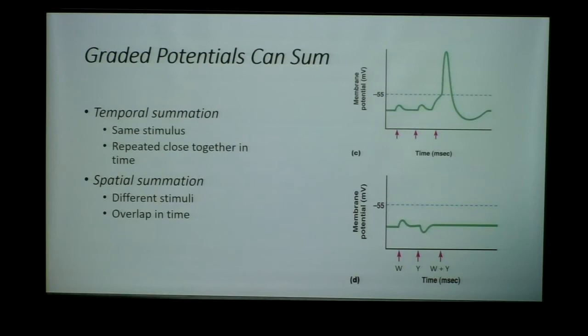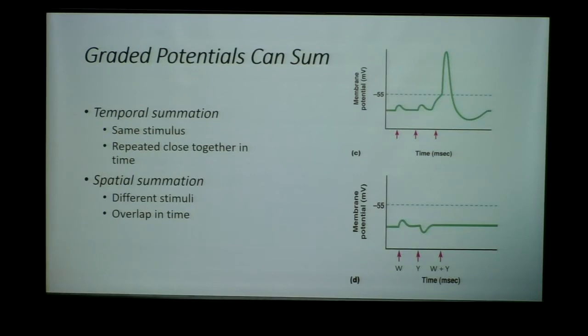Okay, now potentials can sum. As I mentioned earlier, they can add to decipher whether or not we can get an action potential. Very important. They can add in time and they can add in space. In time, or temporal summation, think about, again, our soma or our cell body, the axon terminal, the terminal bouton.